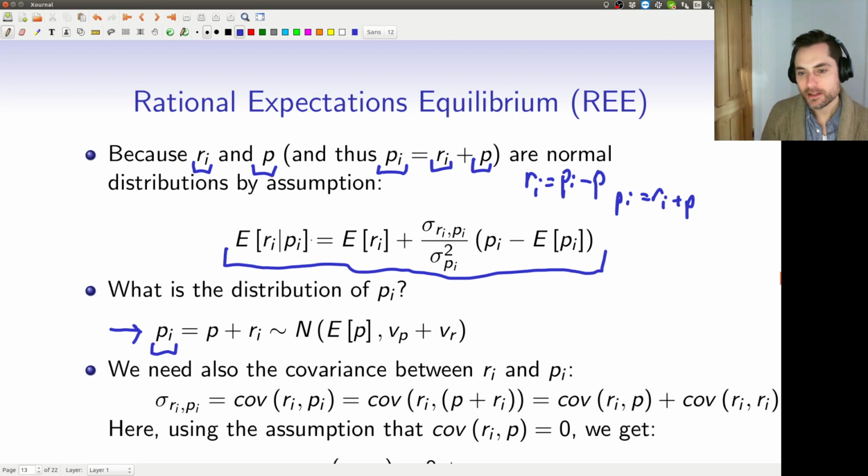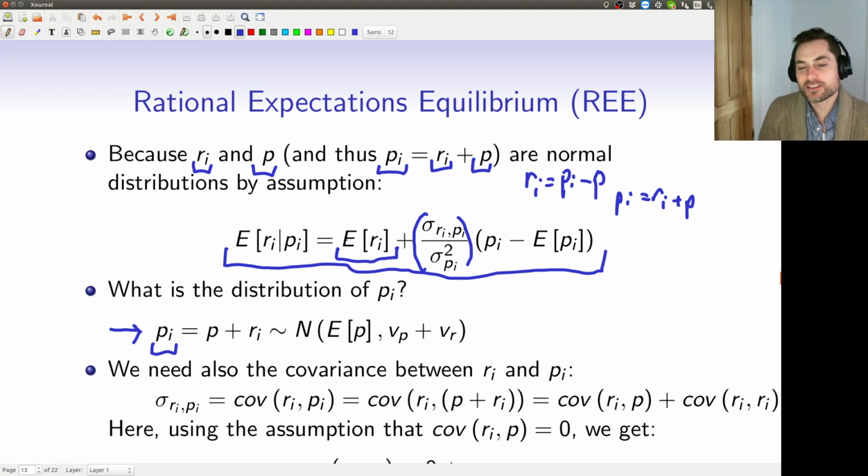So the best guess you can make about Ri conditional on Pi is just the unconditional expectation of Ri, which happens to be 0, plus the deviation of Pi from the expectation of Pi, times some scalar. This is just some number. And what is the number? It's the covariance of Ri and Pi divided by the variance of Pi.